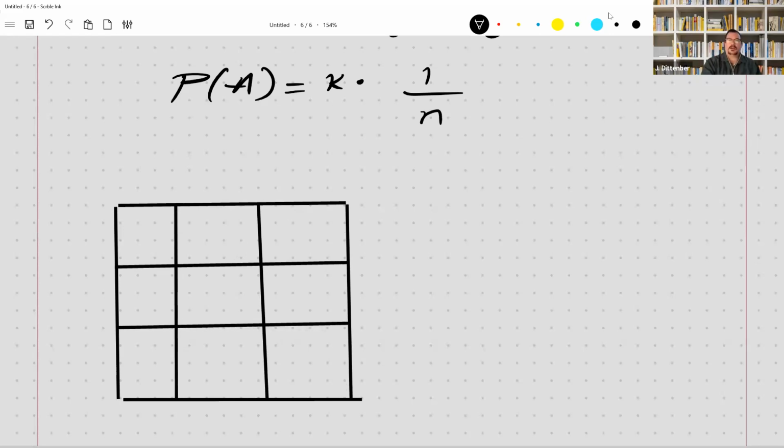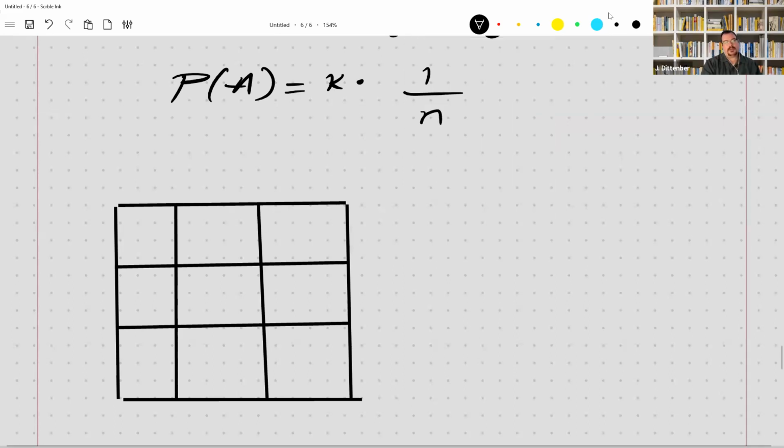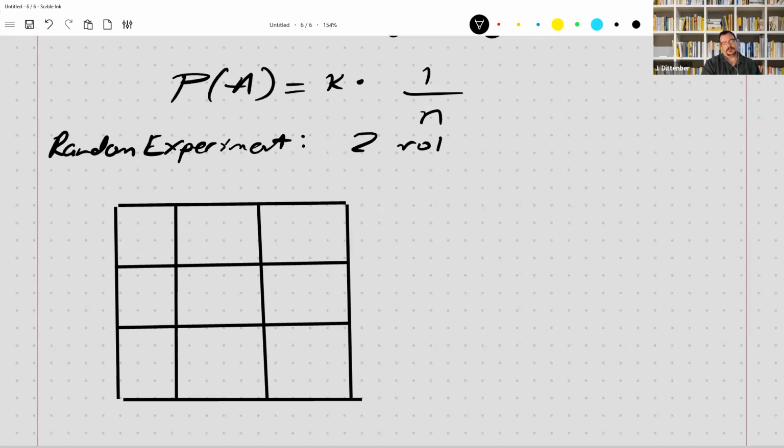Okay, so what I'm going to do here is let my random experiment be two rolls of a 3-sided die.